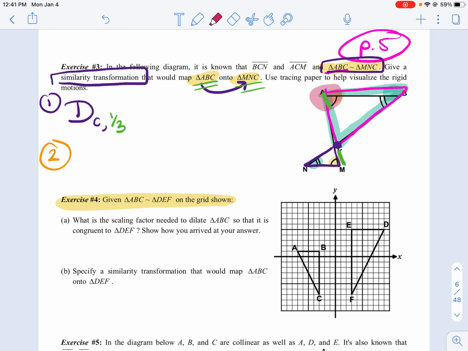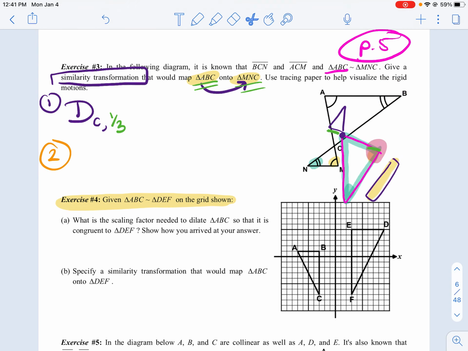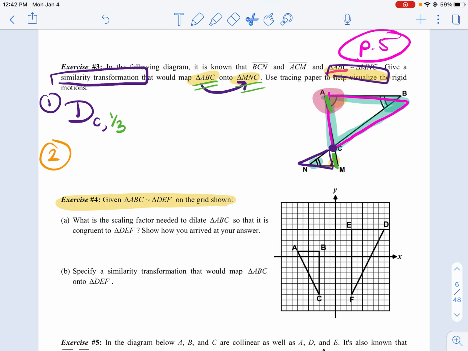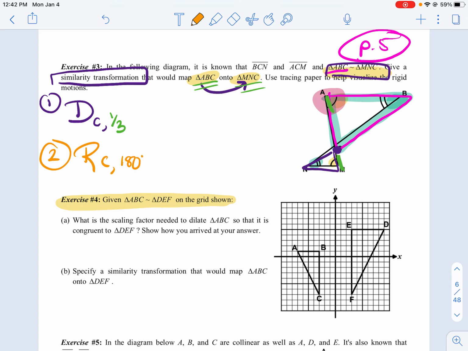Here's A up in the corner. I'm rotating it about what point? About point C, and I'm shrinking as we go. So that's going to be 2 turns of the clock if you're using your patty paper. Okay, so I'm rotating about point C 180 degrees. Remember, it doesn't matter if you go left or right.